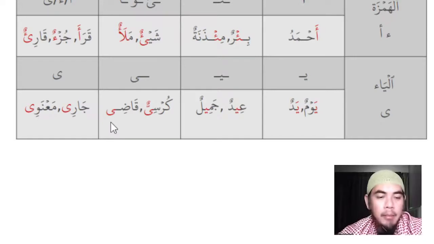Tapi kita akan perasan dia, we will notice it is ya. But sometimes ya at the end, not sometimes, most of the time, it will not have the dots at the end. Kursiyun, qadiyun, dia tak ada. There is no dots. Tak ada titik. So without joining as well, it will look as it is, original shape, without dots, but sometimes it has dots.